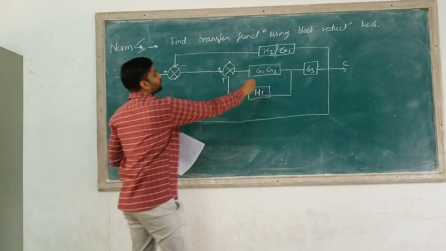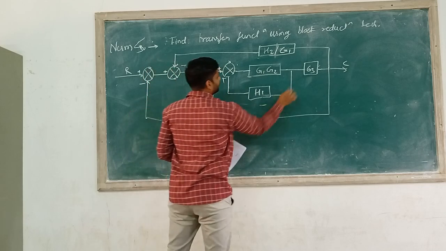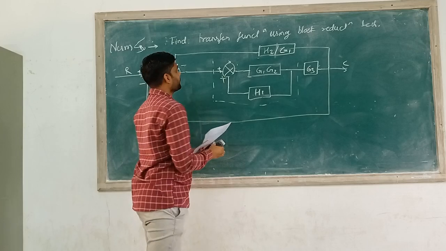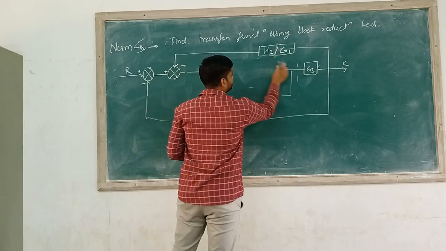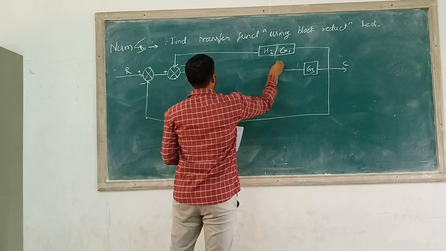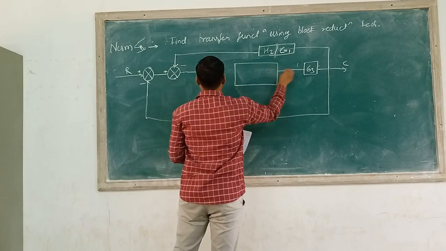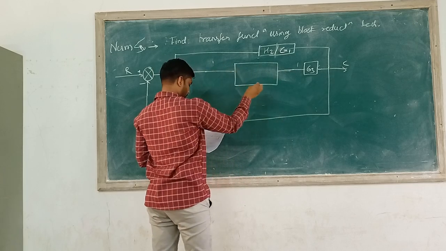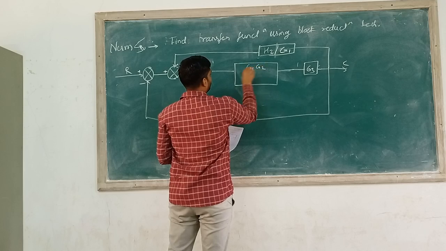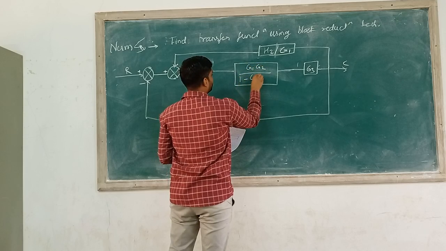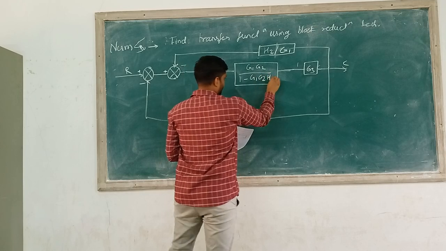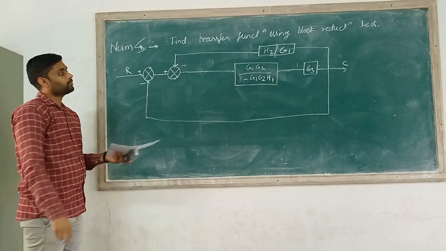Okay, so now here we can solve this G1 G2 having the positive feedback of H1, and it can be reduced as G1 G2 upon 1 minus G1 G2 into H1, to reduce this feedback of H1.